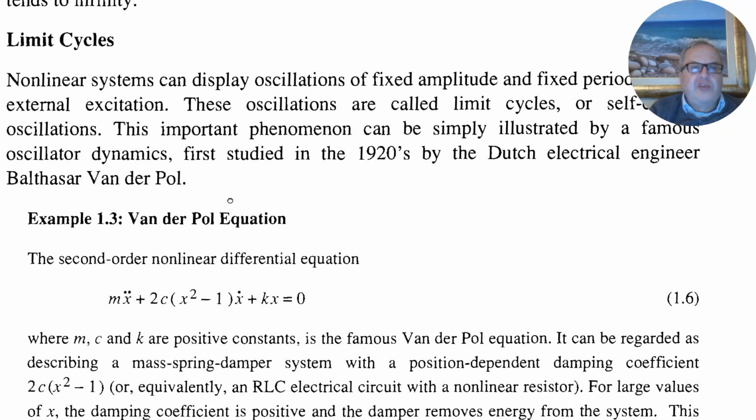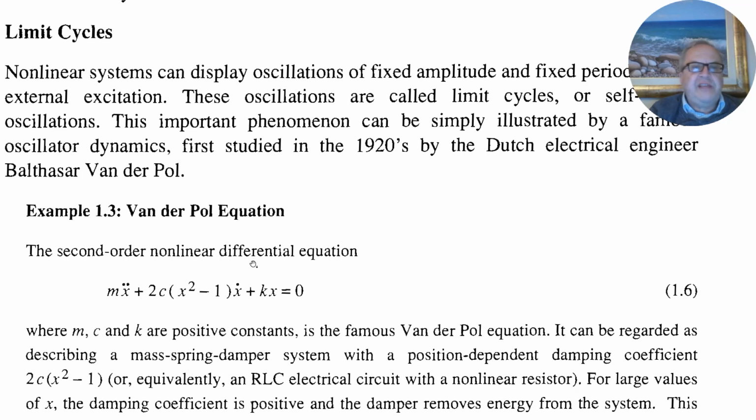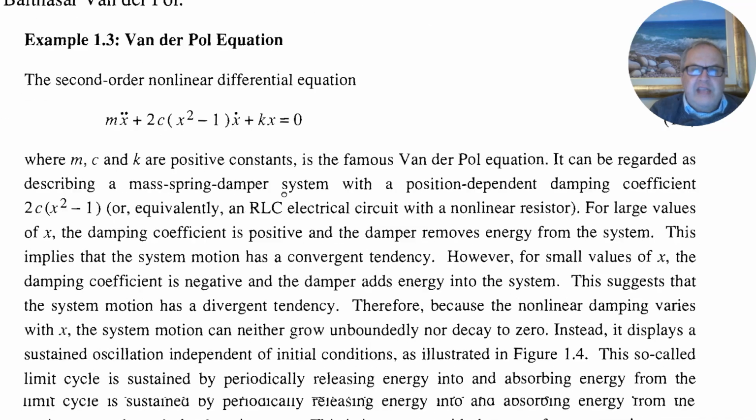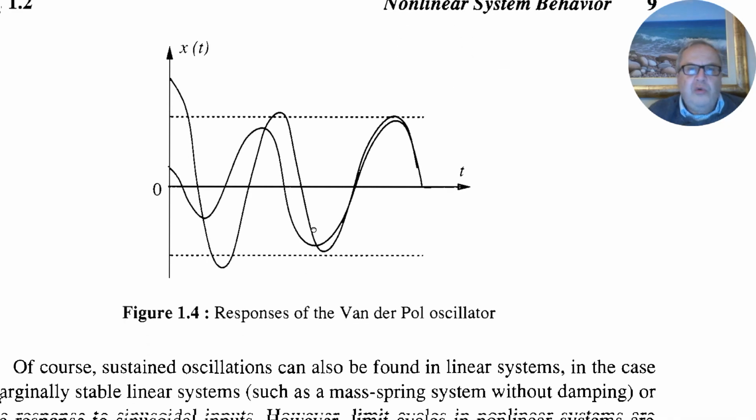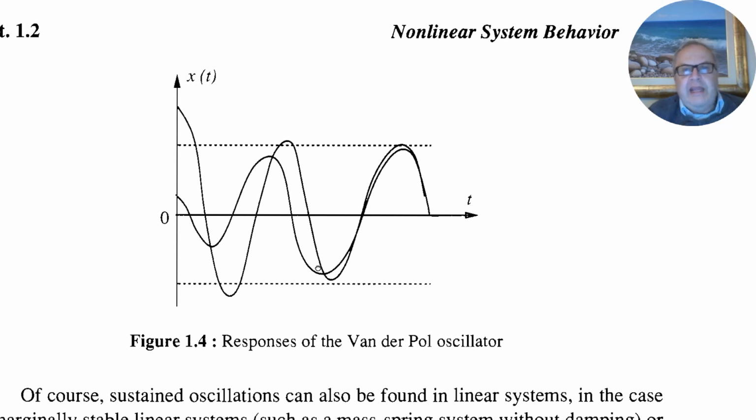The van der Pol equation describes this second order dynamic system. In a second order system described by the van der Pol equation, we have some interesting phenomena, which means that here you have limit cycles.